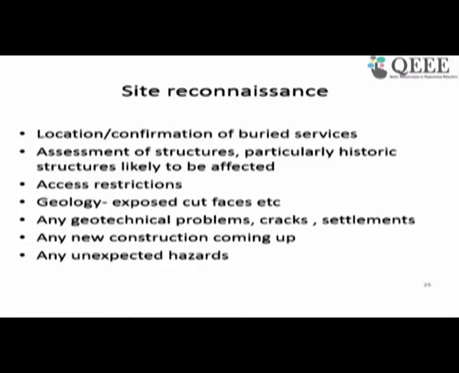Then the geology of the excavated or exposed cut faces, any geotechnical problem, cracks, settlements which are there, new construction coming up, any unexpected hazards. These are some of the aspects which we try to study in case of preliminary investigation.